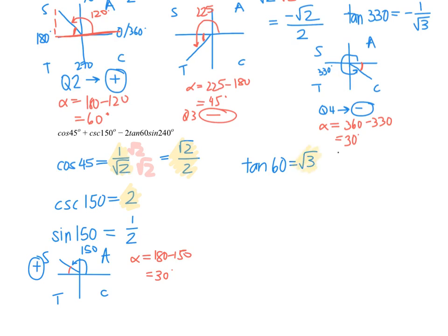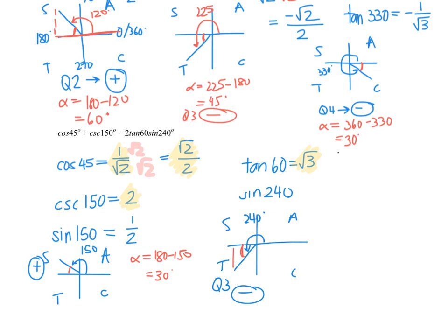And the final ratio we need is sine of 240. So I'm going to draw my little grid. 240 is in quadrant 3, and in quadrant 3, only tan is positive, which means sine will be negative. Our 240 is this big angle here, so my alpha is inside the triangle created with the x-axis.